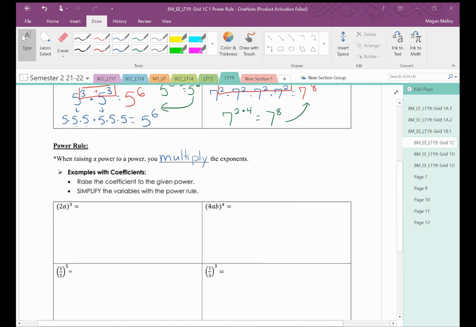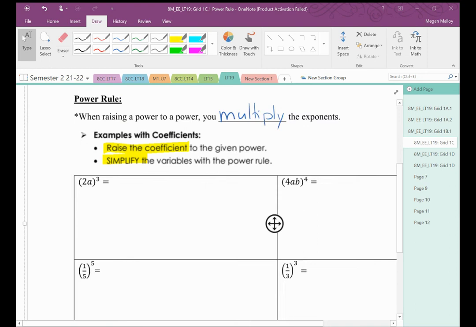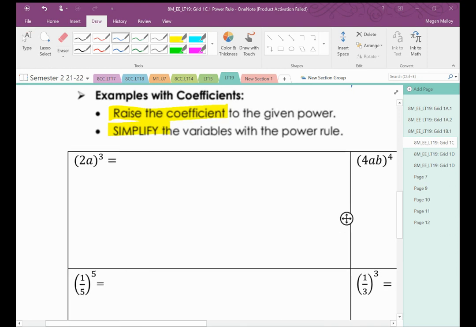As we've already talked about, for examples with coefficients, you're first going to raise the coefficient to the given power and then simplify the variables with the power rule. So looking at our first example here, 2 is going to be raised to the third power.